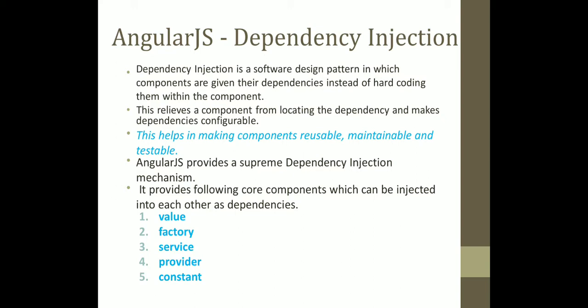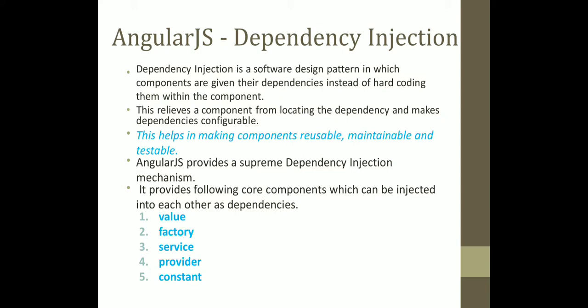So what dependency injection is? Actually, dependency injection provides a built-in mechanism for dividing the application into various types of components. As a dependency, these components can be injected into each other. Actually, dependency injection is a software design pattern in which components are given their dependencies instead of hard coding them within the component.